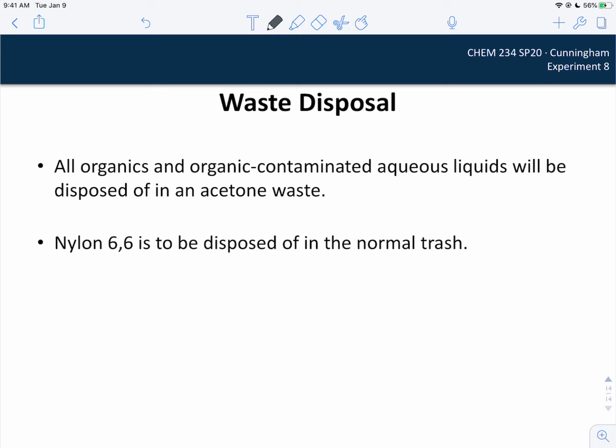And so organic contaminated aqueous liquids, we're talking anything that came into contact with an organic solvent. So even if you have an aqueous layer, if that was in contact with an organic layer, if that was in contact with dichloromethane, for example, that needs to go into the acetone waste. And then your nylon 6,6 polymer can be disposed of in the normal trash.